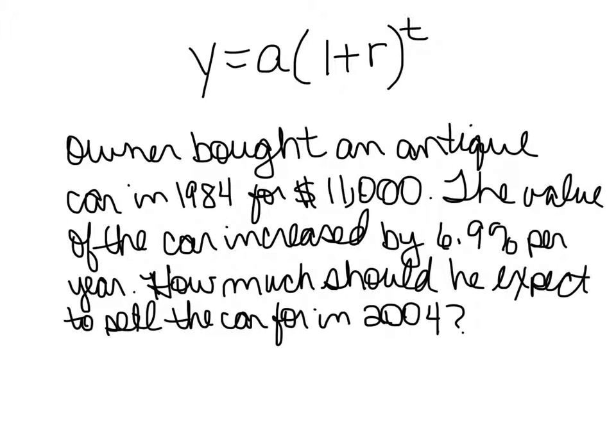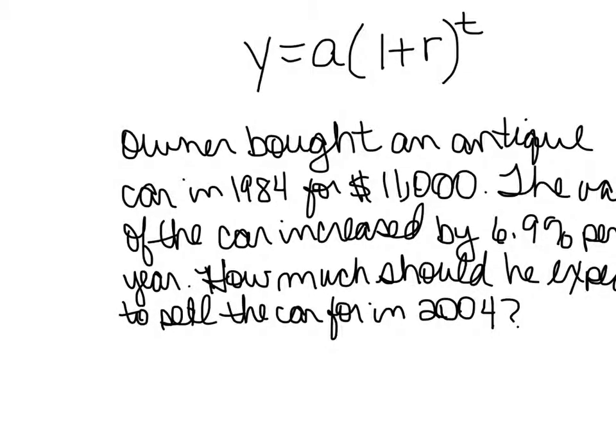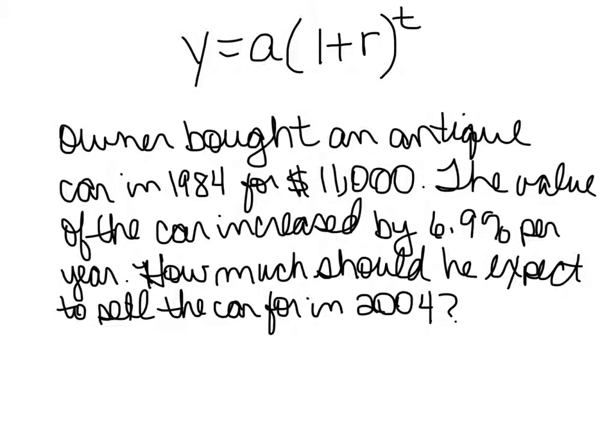So let's apply this formula to a real problem. y equals A, which remember is the initial value, times the quantity of 1 plus r, which is your interest rate, raised to the t, which is time in years. So if we have an owner of a car that bought this antique car in 1984 for $11,000, the value of the car has increased by 6.9% per year.